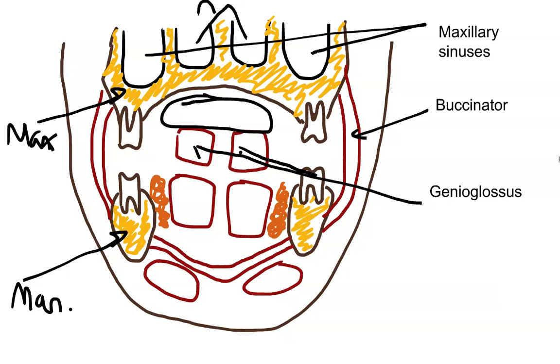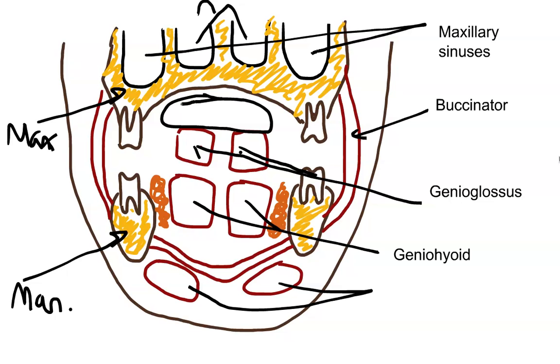Just below it is the geniohyoid muscle, and that's also innervated by the hypoglossal nerve. Genio meaning chin and hyoid referring to the hyoid bone in the neck, and it's responsible for opening the airway, assisting respiration. This is the anterior belly of the digastric muscle.